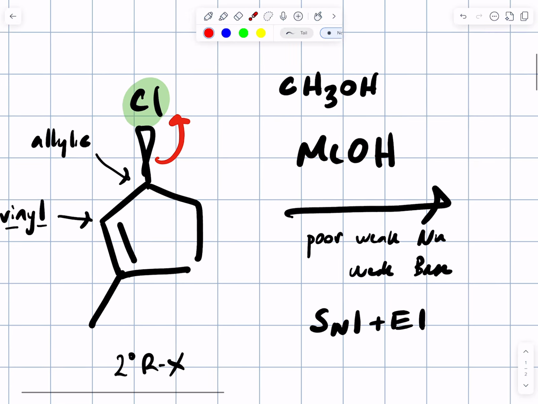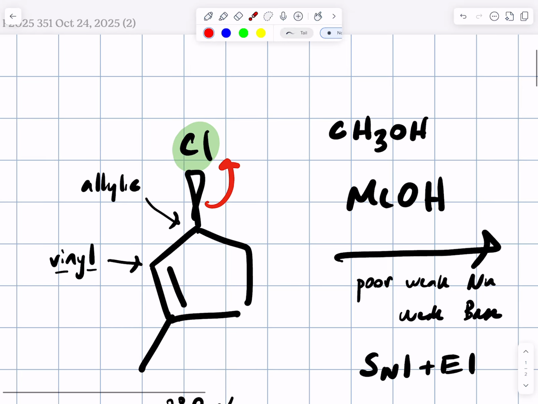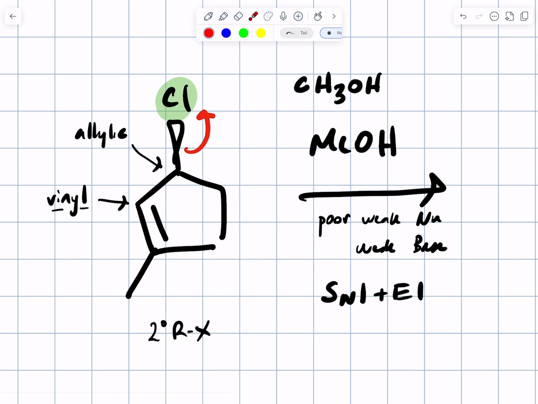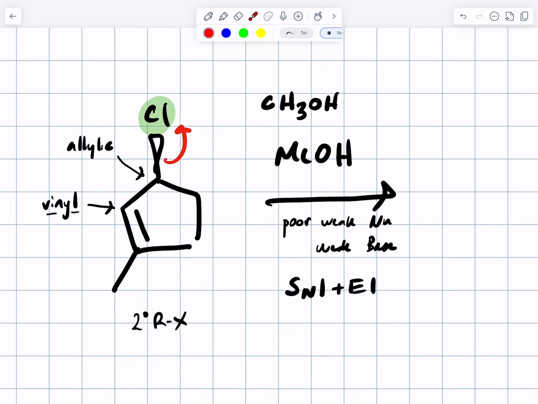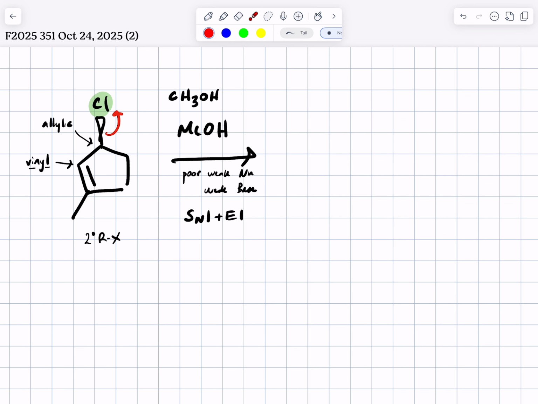So when the leaving group is at an allylic position, that's the structural clue that you could have a resonance stabilized carbocation. So if we draw the leaving group leaving as I've done here, and then draw the two carbocations that could form, one of them is this, and then the other is the other resonance structure, where the pi bond moves over here, and then the positive charge is here.